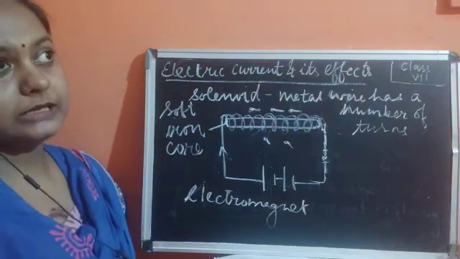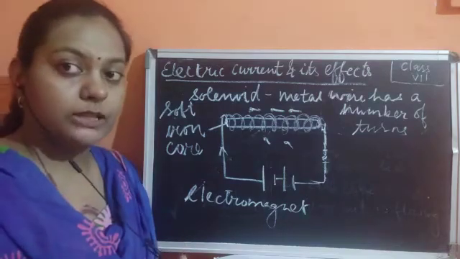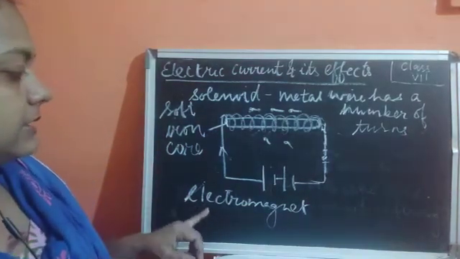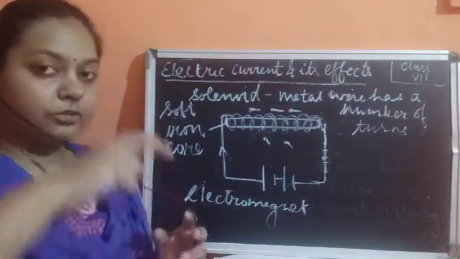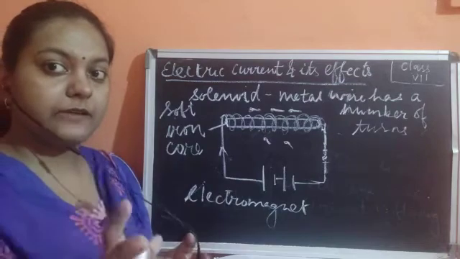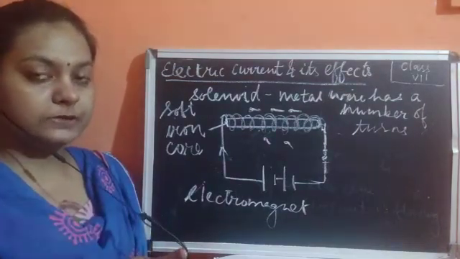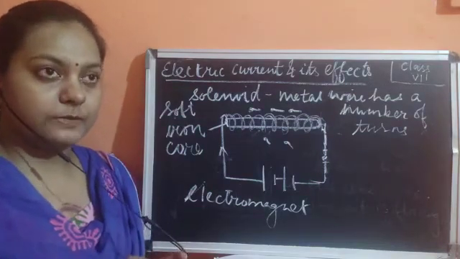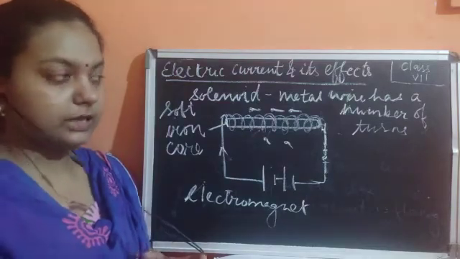Suppose it is in the car industry, or a factory where heavy loads are being made, and all these loads are made up of iron. Now what happens? This iron object is going to be attracted towards this electromagnet. Huge cranes are there, and those cranes have a big electromagnet inside. The electromagnets are placed inside those heavy objects, meaning a soft iron core is there.